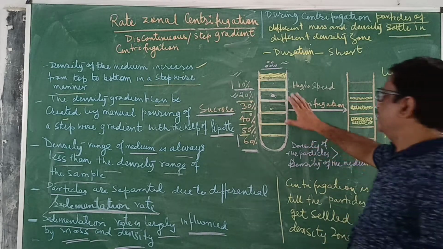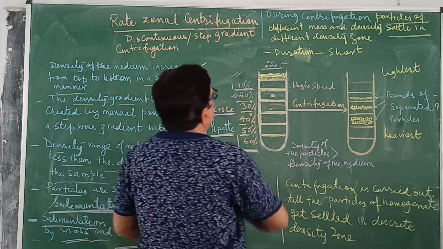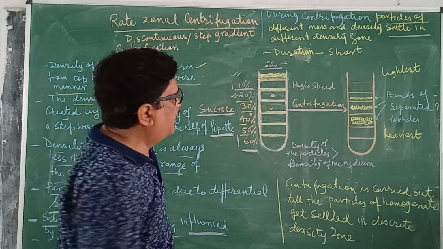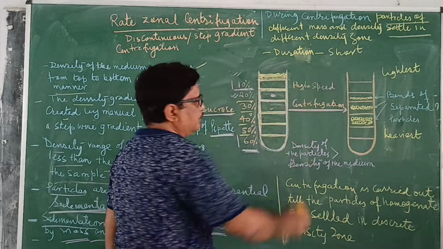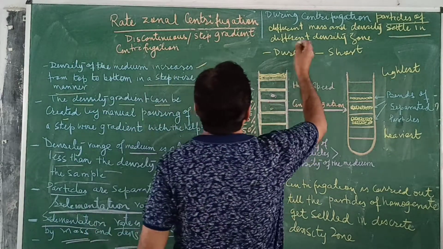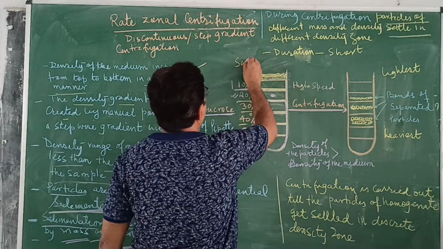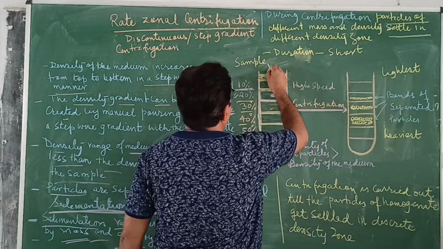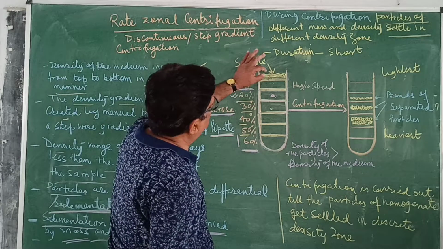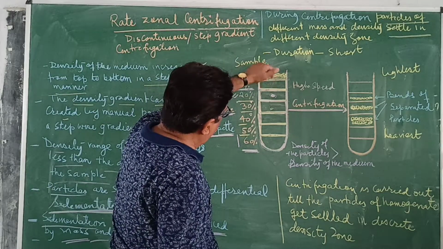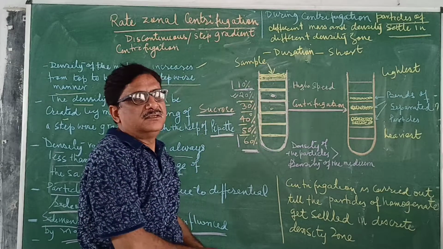Suppose this is the tube containing the different zones, and we add or pour the homogenate or sample containing different particles or different protein molecules. This is the sample added at the top of the centrifuge tube. Because the particle is heavier than this medium, the particle will start moving down the tube.